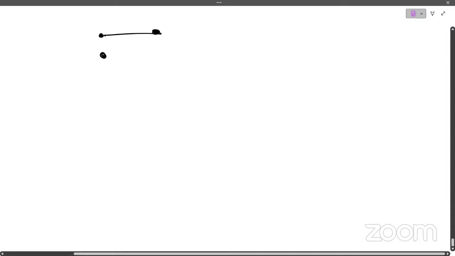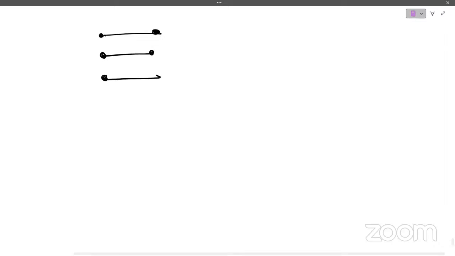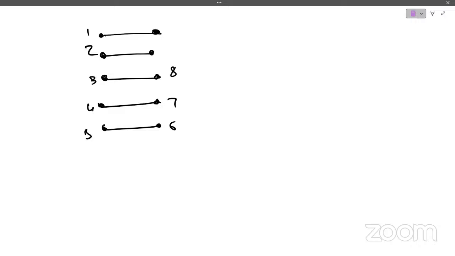Suppose this is your graph, a very simple example, the 1 by 1 graph. So 1, 2, 3, 4, 5, 6, 7, 8, 9, 10. And these are E1, E2, E3, E4, E5, E6, E7, E8, E9.